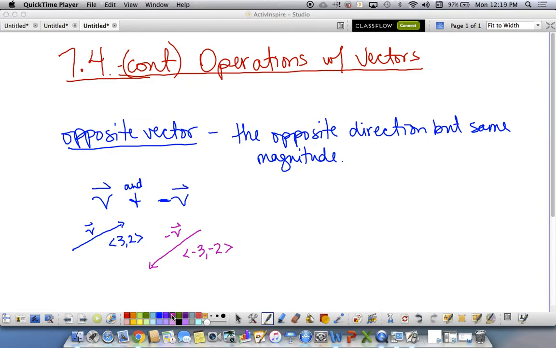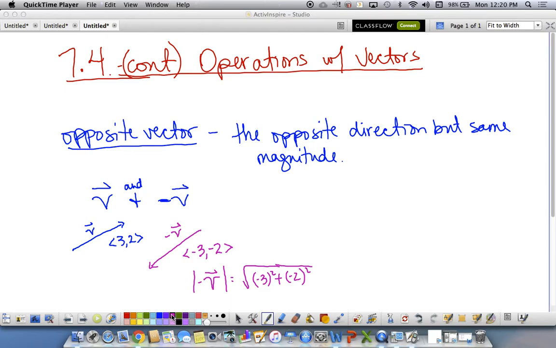If I did the magnitude on each, 3 squared plus 2 squared, 9 plus 4, the square root of 13, right? Then the magnitude of negative v would be the square root of negative 3 squared plus negative 2 squared. It's going to be the square root of 13 also. They'll have the same magnitude, but they're going to go in opposite directions.